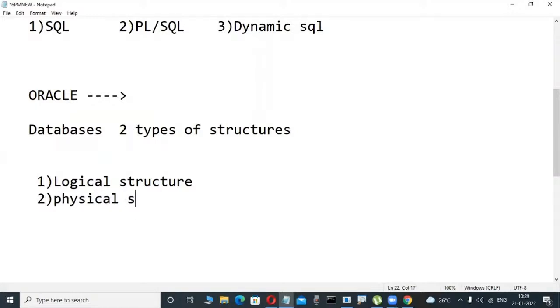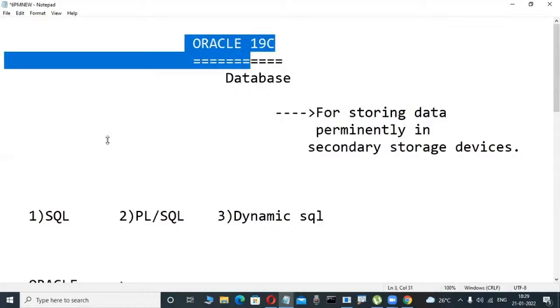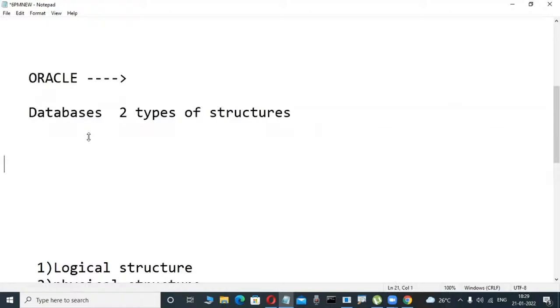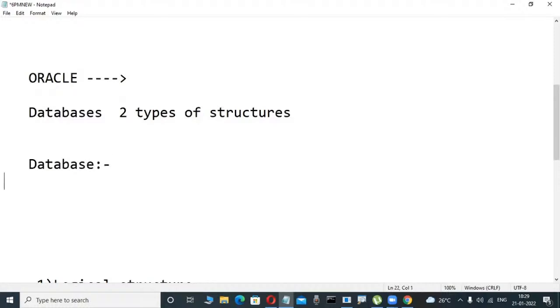Before we tell what the logical and physical structures are in every type of database software, let's look at the database definition in books, which many fellows write like this. What is database?